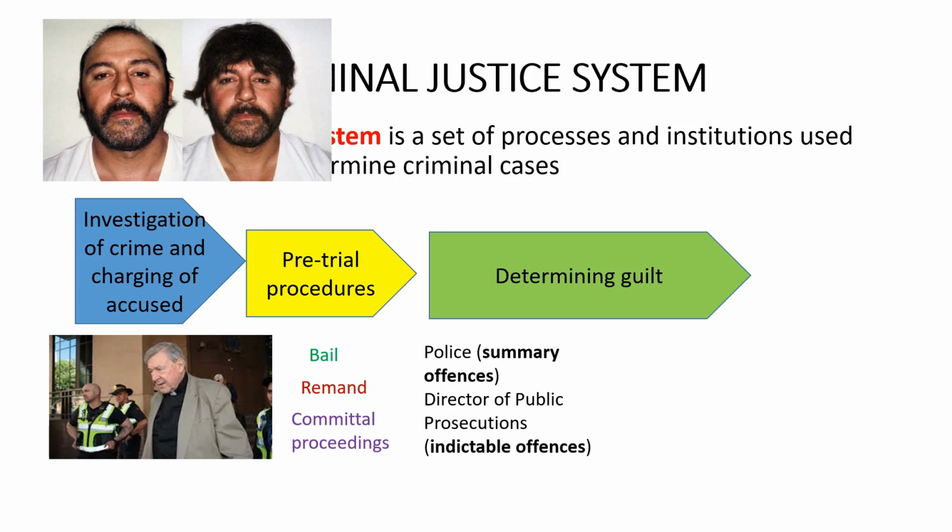The Director of Public Prosecutions is the head of a Victorian government prosecution agency called the Office of Public Prosecutions. The Office of Public Prosecutions consists of a number of lawyers who work for the government and who all prosecute criminal cases in the name of the Director of Public Prosecutions.